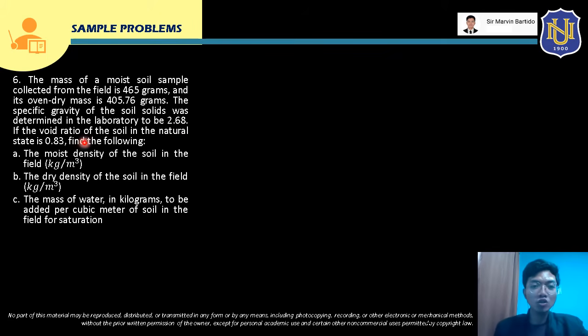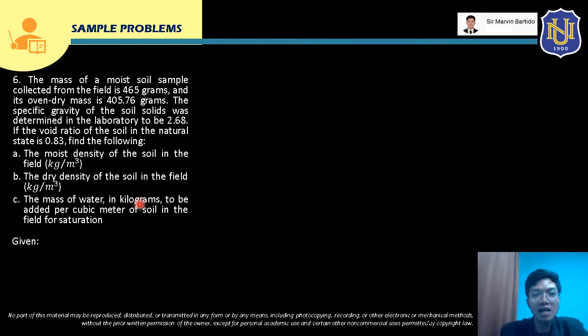If the void ratio of the soil in the natural state is 0.83, find the following. Letter A, the moist density of the soil in the field. Letter B, the dry density of the soil in the field. Letter C, the mass of water in kilograms to be added per cubic meter of soil in the field for saturation. So let's break down here the given.